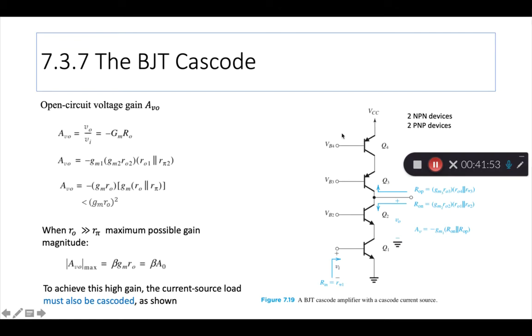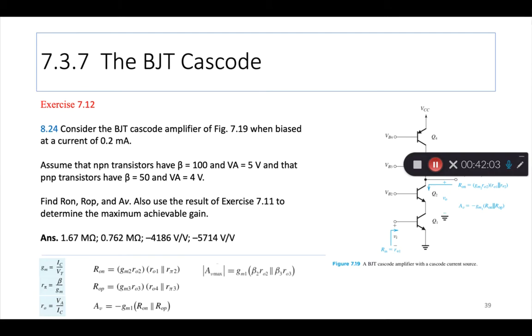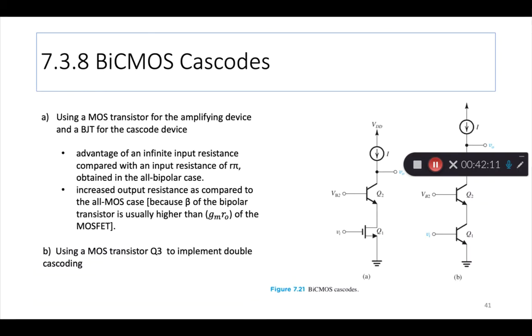These two will be of one type, NPN. These two will be of the other type, PNP. All right. So I have a problem 7.12 on BJT cascoding, which we'll come back to.